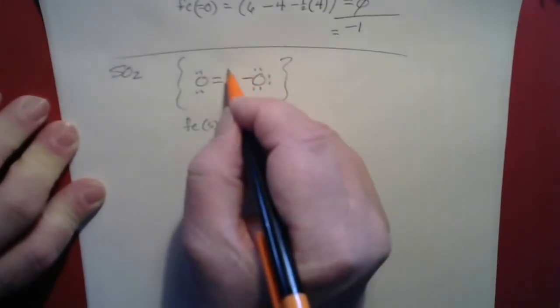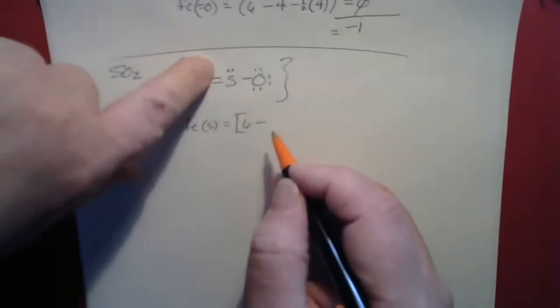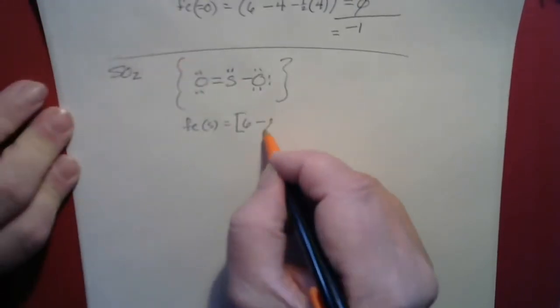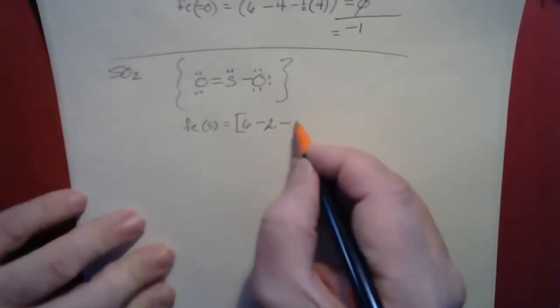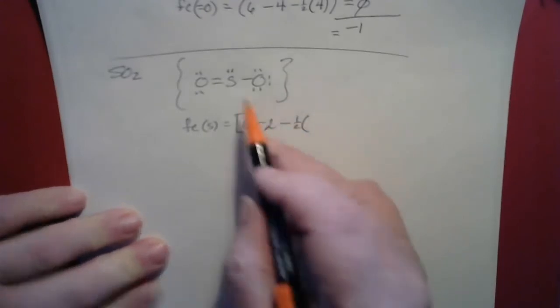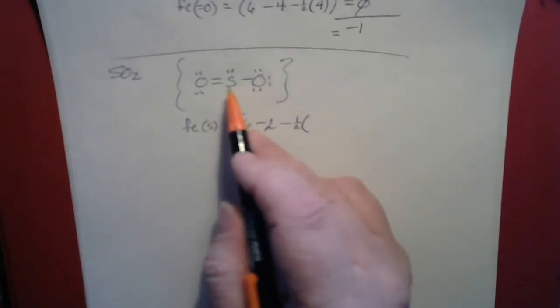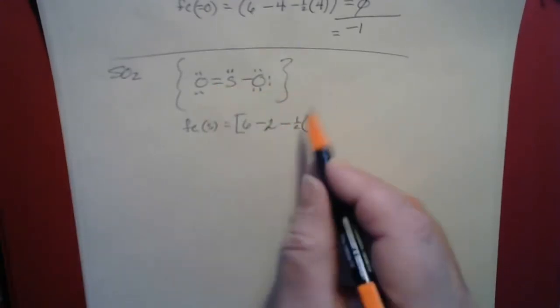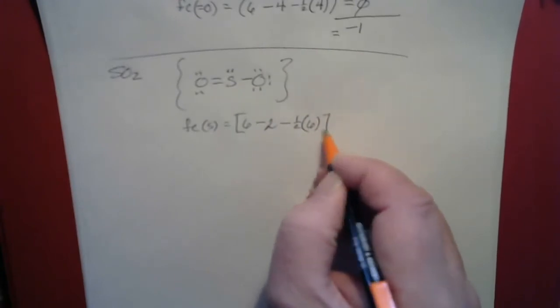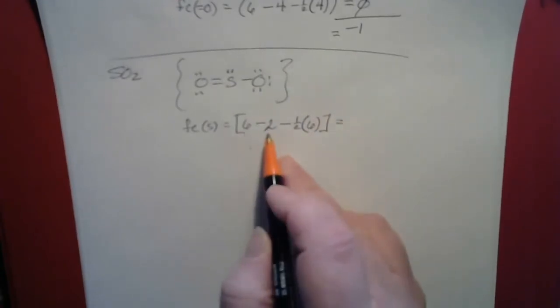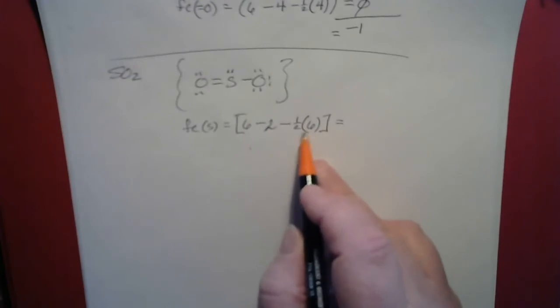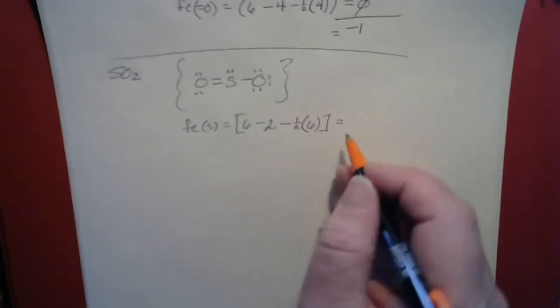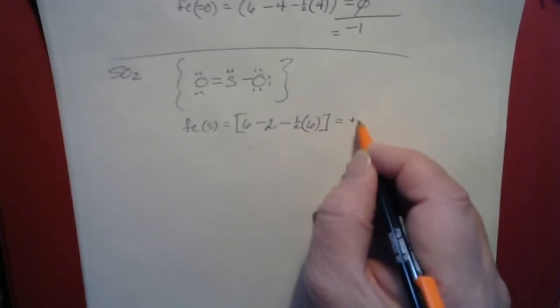Oh, sorry, there was a lone pair on the sulfur, wasn't there? Minus the lone pair electrons on the sulfur, which is 2, minus 1/2 of the bonding electrons on the sulfur. 3 bonds means 6 electrons. So 6 minus 2 minus 3 would be +1.